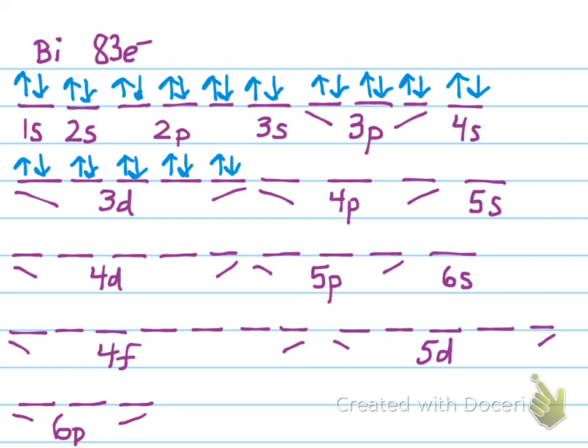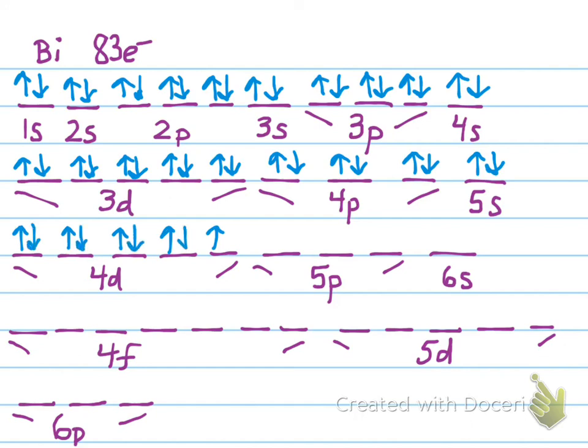So that's at zinc. I'm at atomic number 30, zinc. 31 through 43, right? So 43 takes me to technetium, atomic number 43. 44, 45, 46, 47, 48 takes me to cadmium.